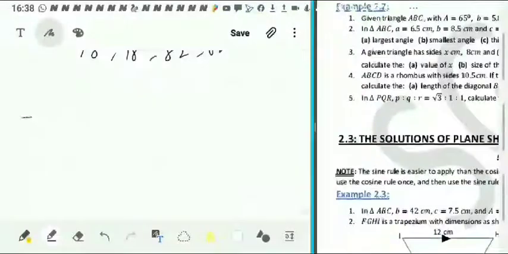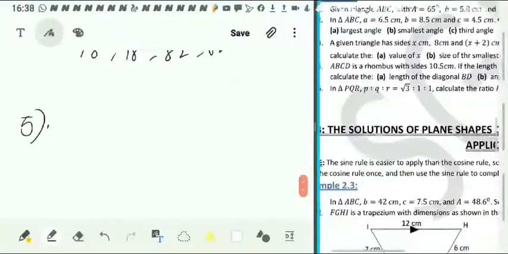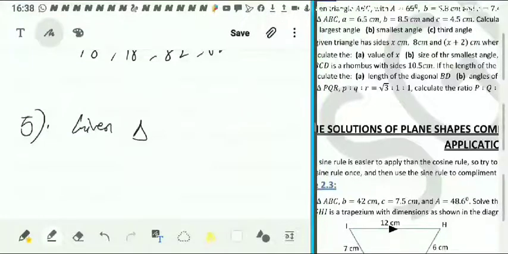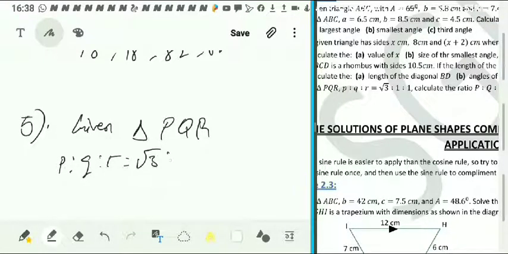Number 5. In triangle PQR, okay? Given triangle PQR, the ratio of the side P to the side Q to the side R is root 3 to 1 to 1.